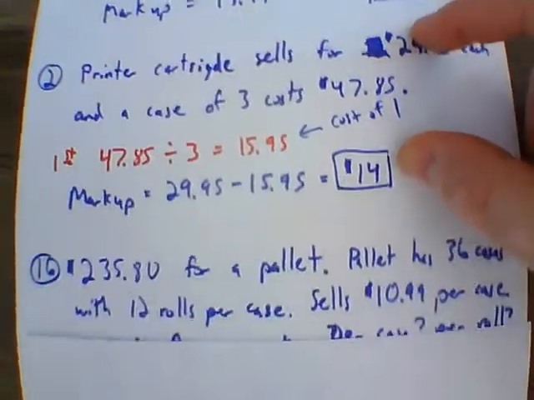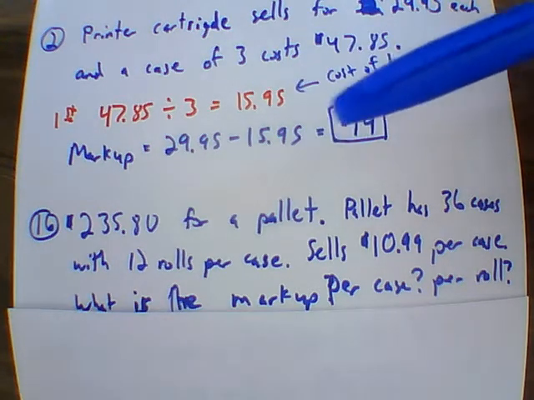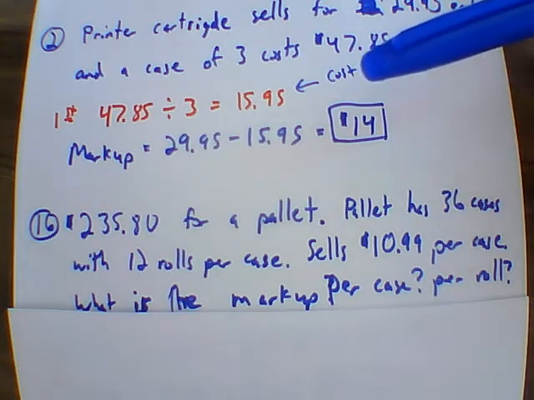So let's look at number 16, which is on page 560 in our textbook. It reads that Mostly Kitchens pays $235.80 for a pallet load of paper towels.